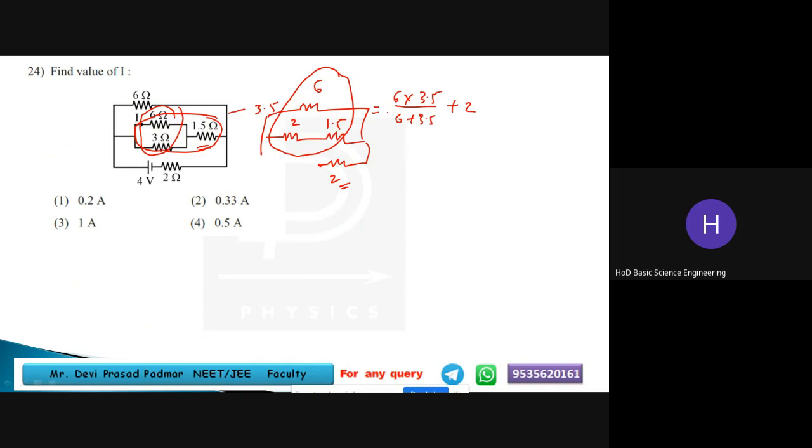So if you simplify, what do you get? 40 by 9.5, almost.